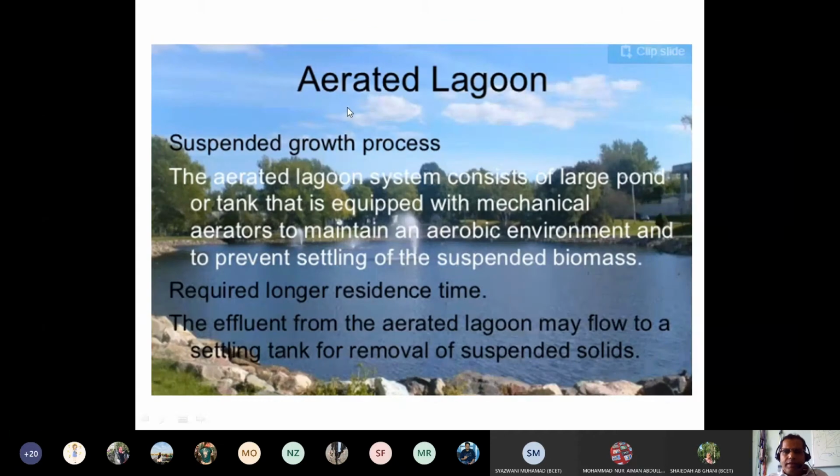Another way is aerated lagoons. This is very big, huge, as you see, like a pond, and we call it a suspended growth process. This also needs aeration. So an aerated lagoon system consists of a large pond or tank equipped with mechanical aerators to maintain an aerobic environment and to prevent settling of the suspended biomass.